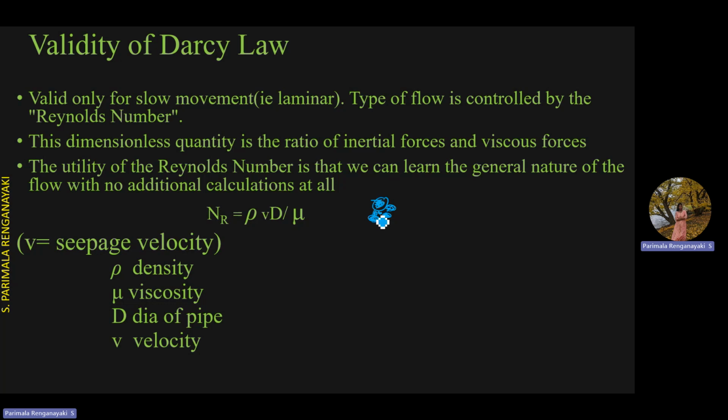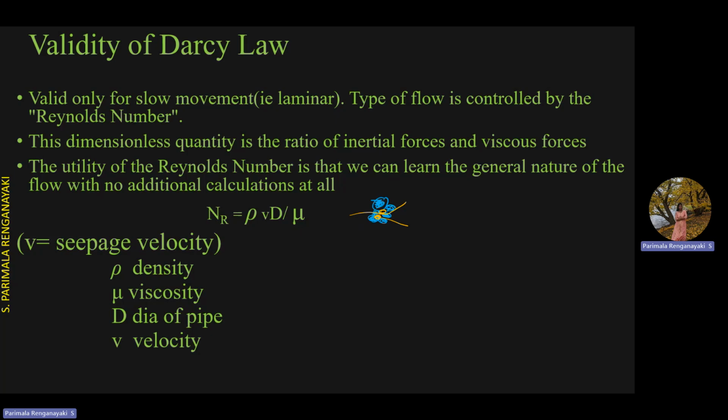So the diameter of pipe means the space between the sand particles. This black area only is the diameter of the pipe. So through that area only the groundwater is passing.